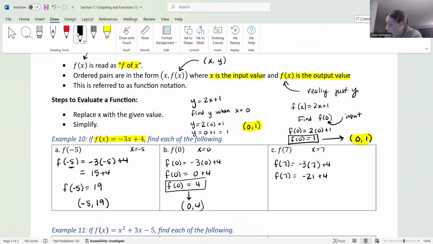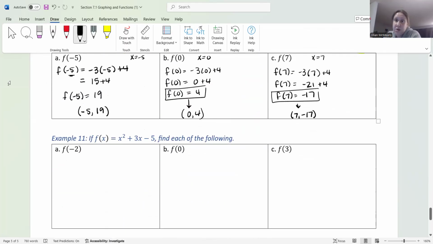And then let's see, negative 21 plus 4 would be what? Negative 17? All right, and that would correspond to the ordered pair 7, comma, negative 17. Just remember what is inside parentheses is your x, and then what you get on the other side of the equals is your y.